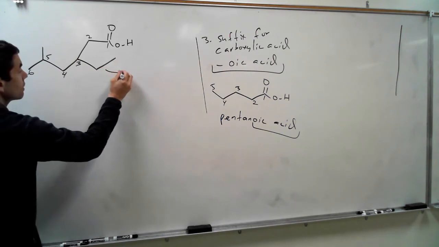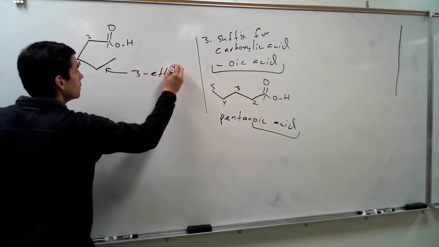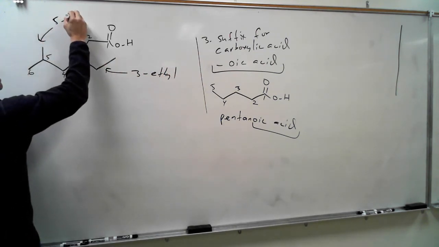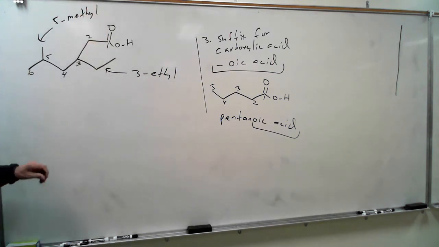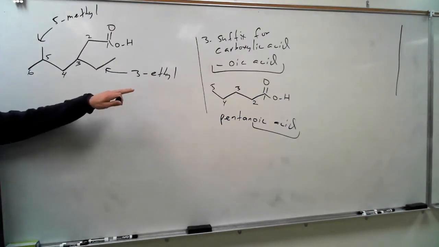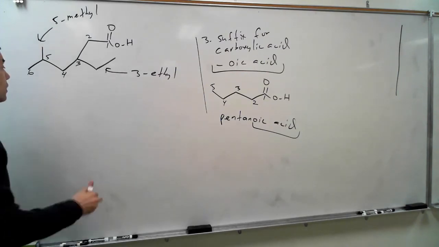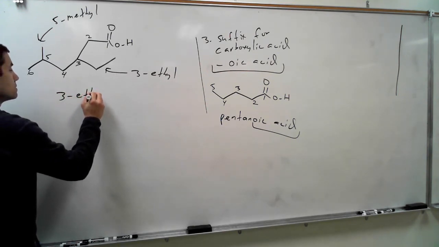Now we have substituents. We have a 3-ethyl. And we have a 5-methyl. Just like we saw with naming other compounds, we'll put the substituents out in the front as part of our prefix, and we do it alphabetically. So we know we're going to have a 3-ethyl.